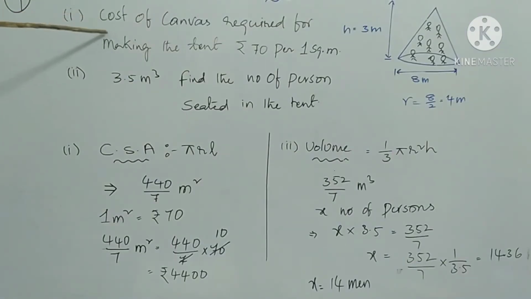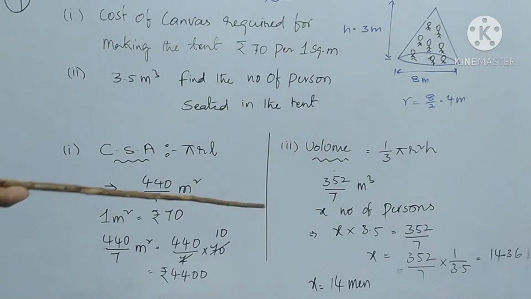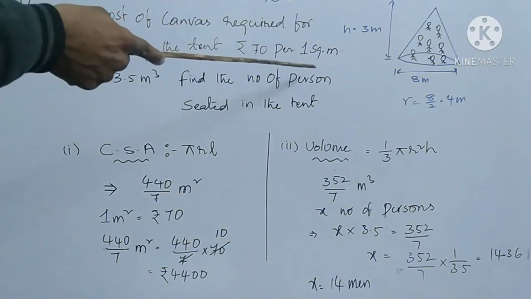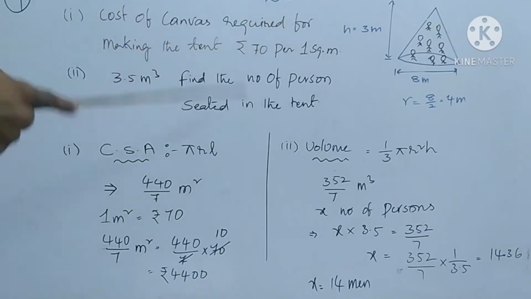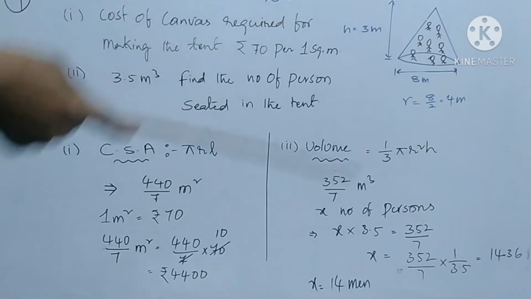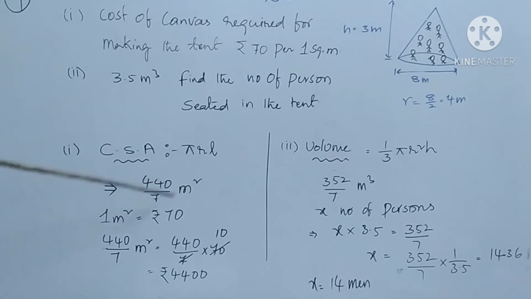Our first question is to find the cost of the canvas. For 1 square meter, the cost is 70 rupees. The curved surface area of the conical tent is 440 by 7 meter square, which we already obtained from the calculation.